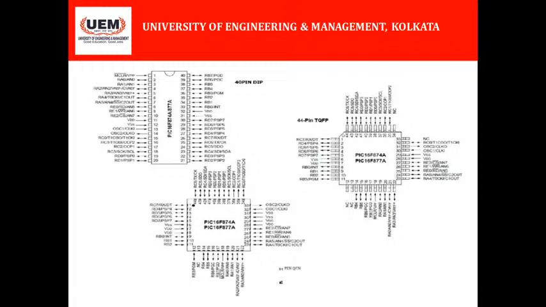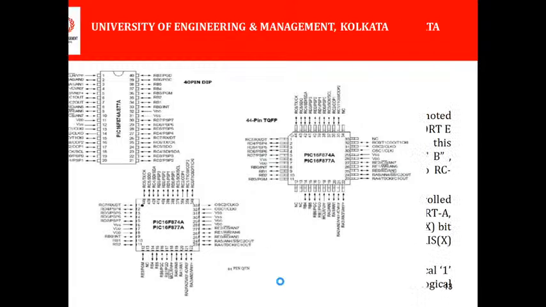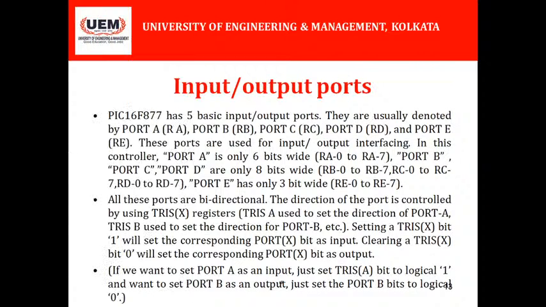These are power supply pins, and many more. I am not discussing these pins in detail because we have already learned the 8085, 8051 and 8086 pin descriptions, so we can understand what these pins basically do.